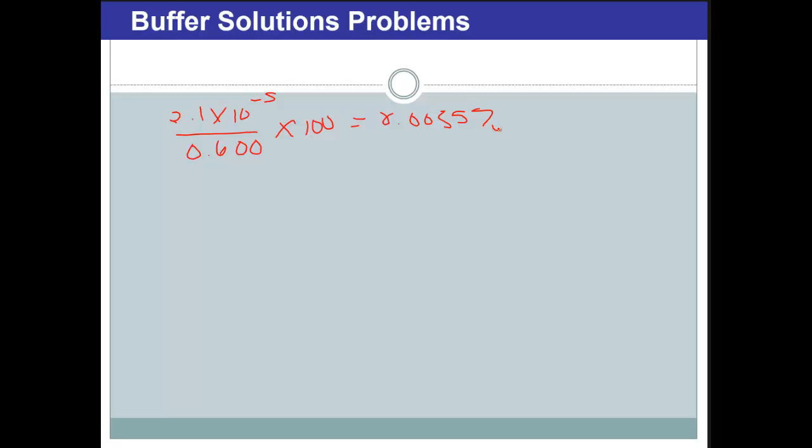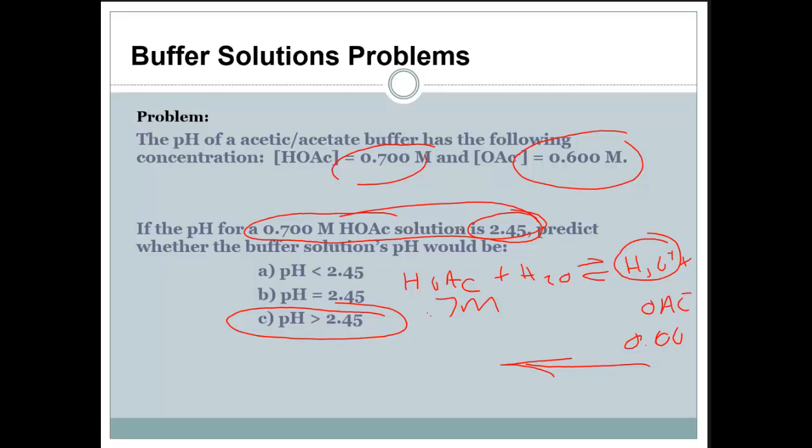So we're okay. We can take the pH of this now. The pH becomes 4.68, which is greater than 2.45, as we originally assumed. So we were right.